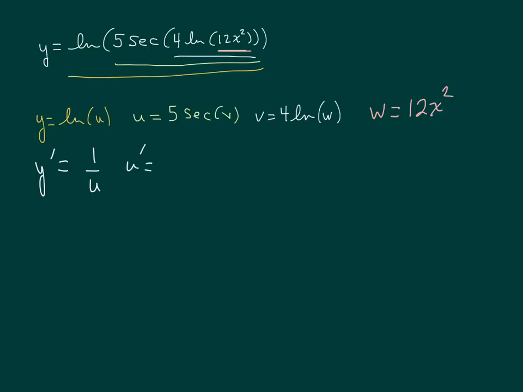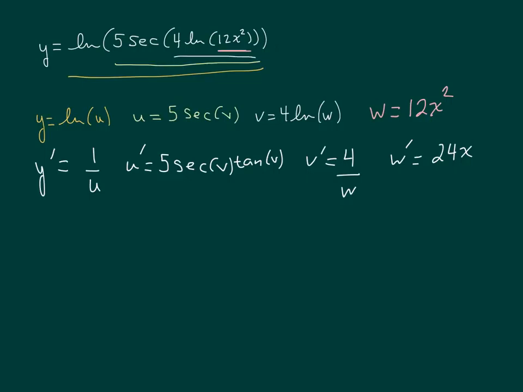The derivative of secant, because that 5 is just a constant that stays out front, is secant tangent. The derivative of ln, so the 4 is a constant, of ln of w is 1 over w. And then finally, the derivative of 12x squared is 24x.